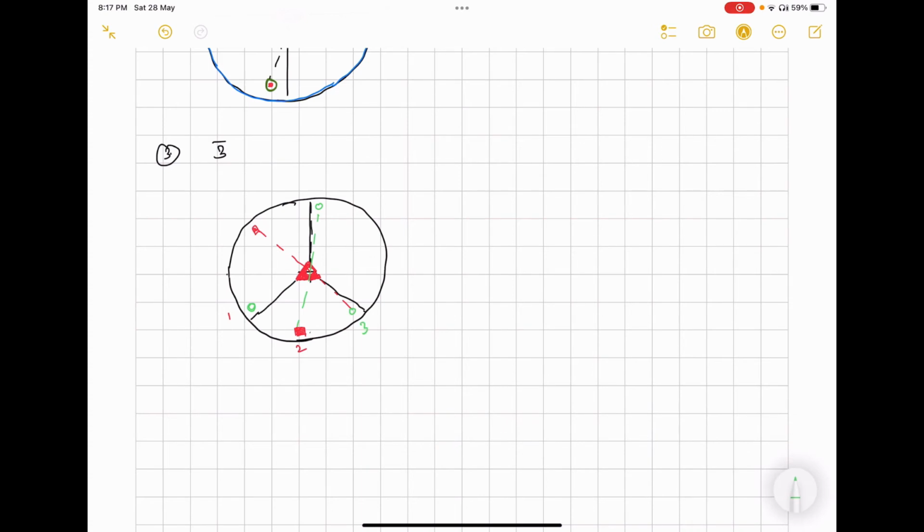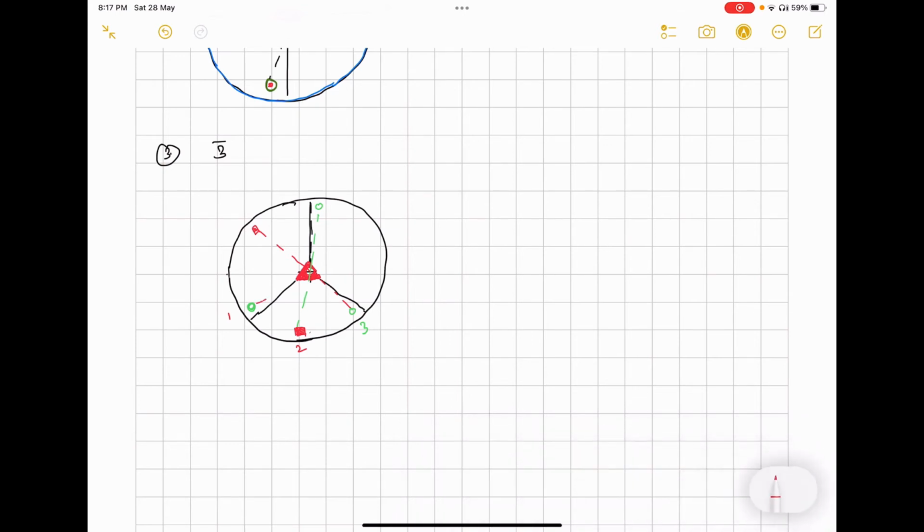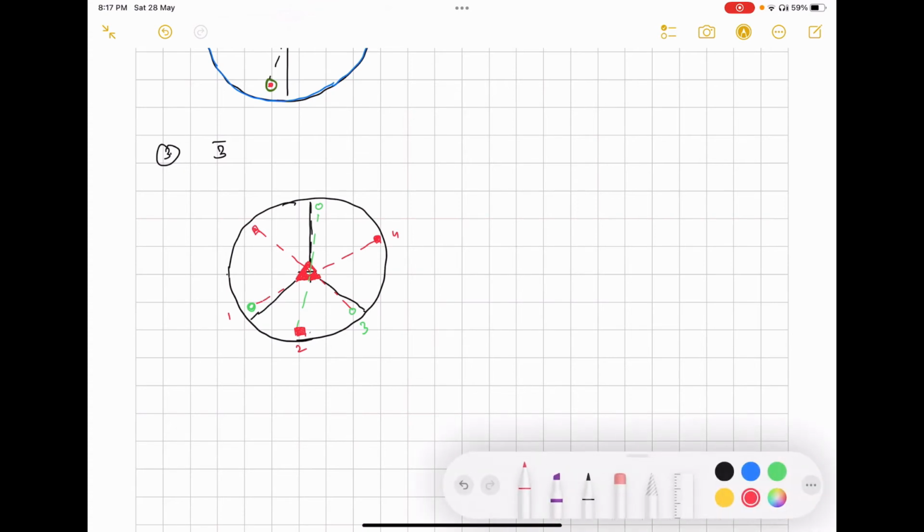So this is my point 3. Now when I rotate it by 120, it is incident with point 1, and after inversion what I get is this point. And when I rotate this by 120, so this is point 4. So similarly I get a point here.